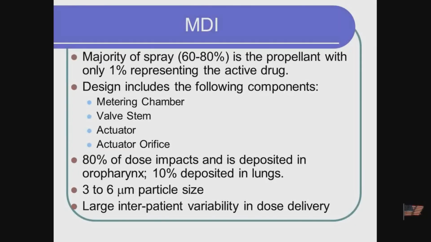The majority of the spray is the propellant, with only a small amount of the actual spray, the mist that is created, being actual drug. We'll talk about the different design as far as what the different components are: metering chamber, a valve stem, and an actuator orifice. But most of the drug, especially based upon the technique that is used, is impacted on the oropharynx.